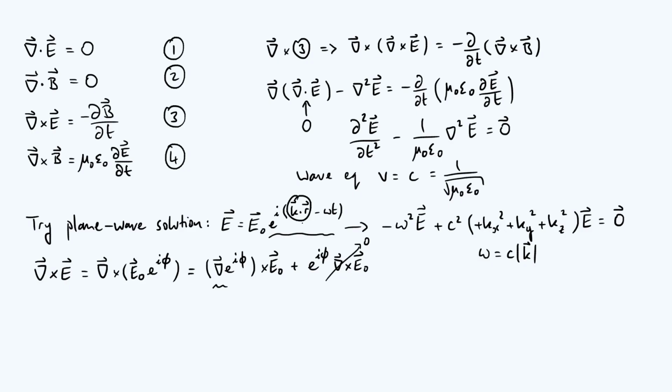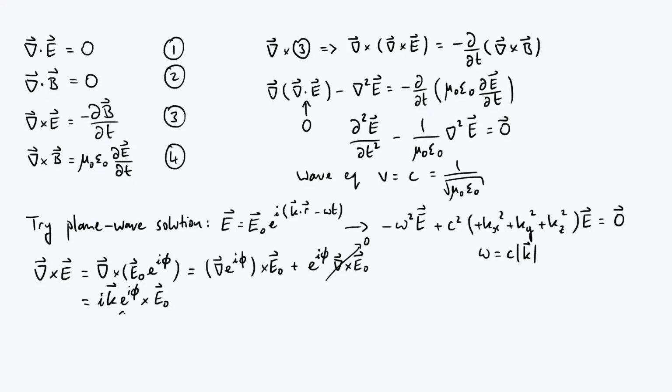You differentiate e to the I phi with respect to y, you pull down a factor of I ky. Differentiate with respect to z, you pull down a factor of I kz. And so this gradient vector here is actually just equivalent to multiplying the whole thing by I times the wave vector k. So I can write that as I k e to the I phi crossed with e naught, like that.